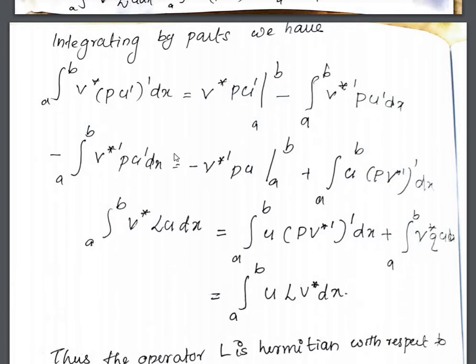These two may also vanish when we apply the boundary condition. That is the importance of the boundary condition. So after integrating this, we will get the result as integral a to b u L v star dx.